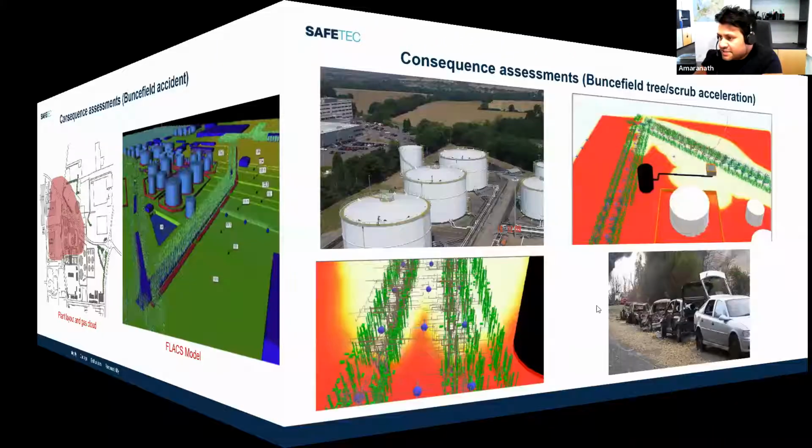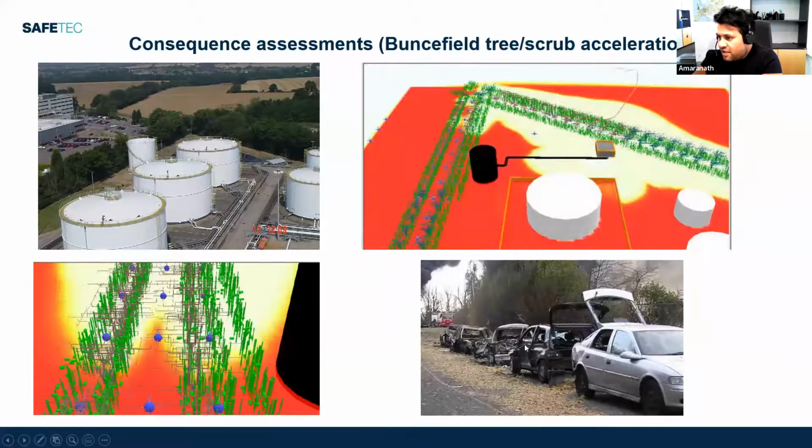So the accident has been quite significant, and it has damaged, for example, vehicles which were parked in the neighboring parking areas, and to model the explosion pressure on these vehicles, you had to include all the trees and the obstacles surrounding the facility.